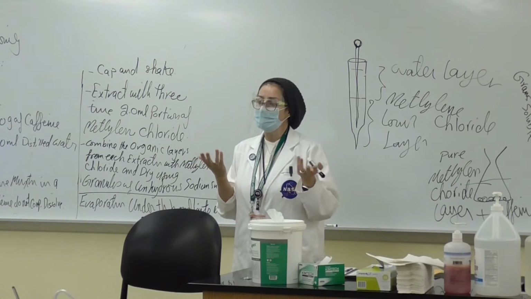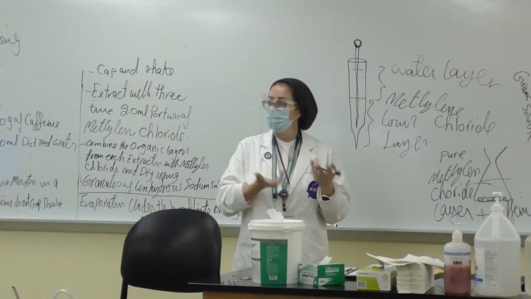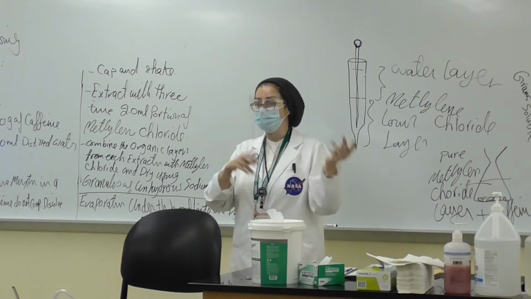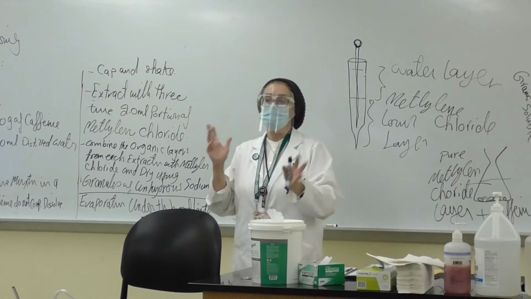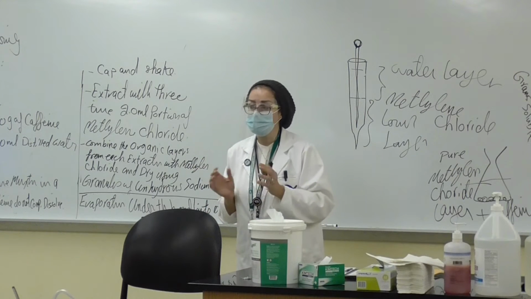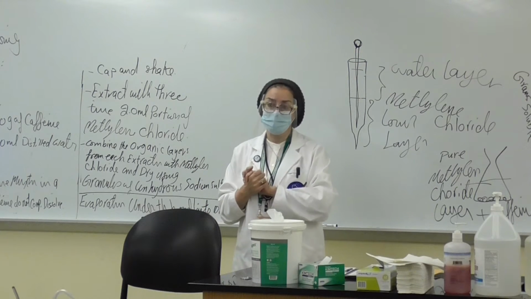We should know that we have transferring error, like human error. When you transfer from one container to the other, you might lose some of the chemical. So this is basically what we are doing today, okay?